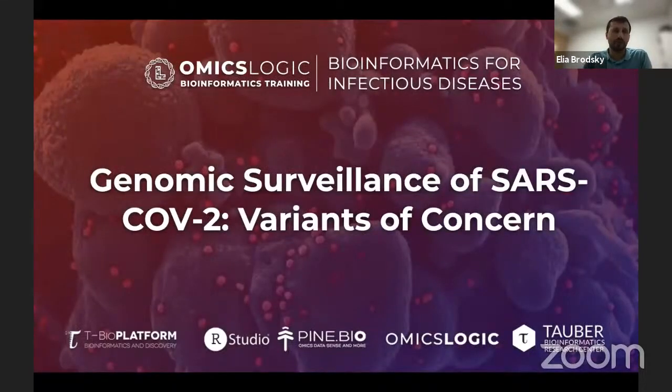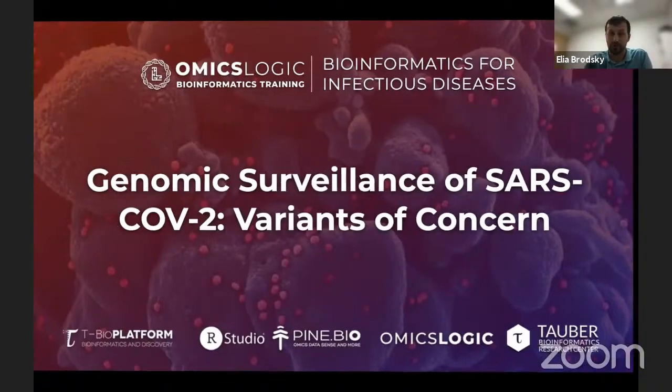The program itself is a part of our standard OmicsLogic bioinformatics training program called Bioinformatics for Infectious Diseases, but it has a much more specific and in-depth focus on the SARS-CoV-2 genomic data, transcriptomic data, structural data, and specifically with this additional focus on the variants of concern.